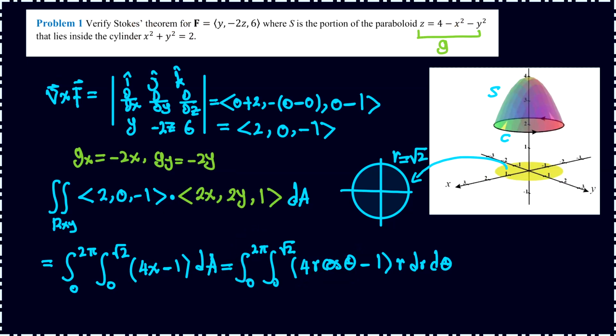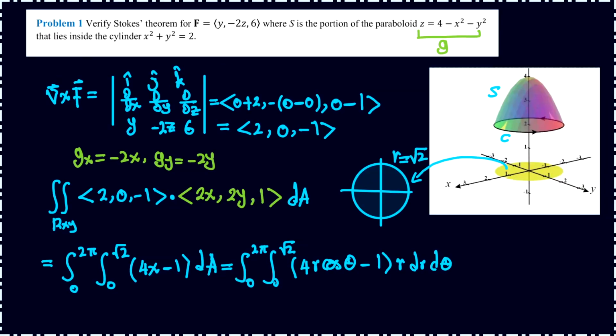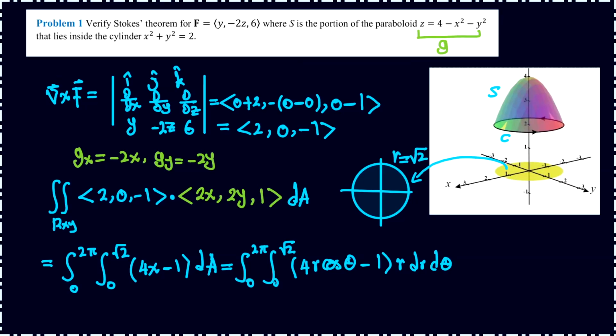So this integral is just going to be 0, and we're going to basically get the integral from 0 to 2 pi, from 0 to root 2 of negative r dr d theta.